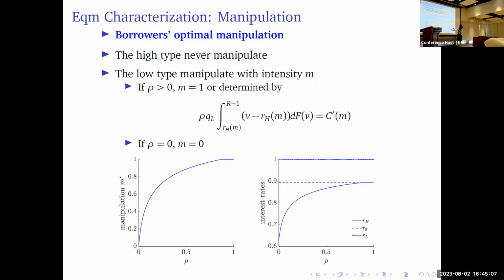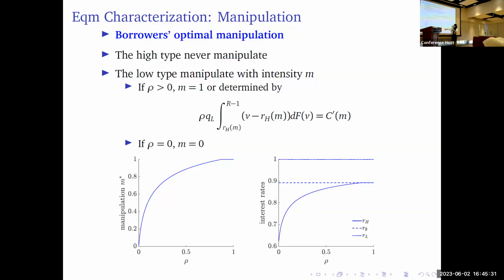What we can see is the optimal interest rate when the lender receives the high signal. With a higher rho, the lender understands that the low type will be more likely to manipulate their data. Therefore, this signal will become less and less informative. Okay?